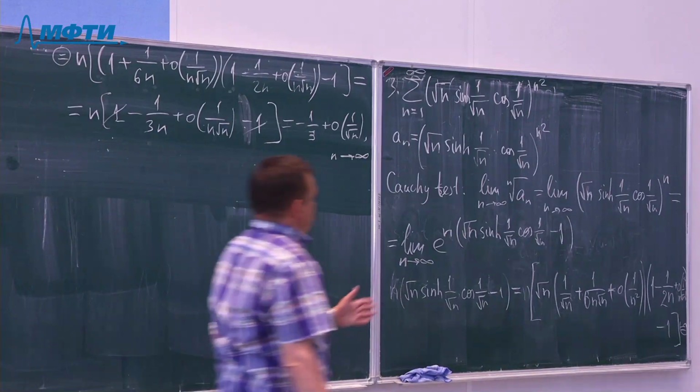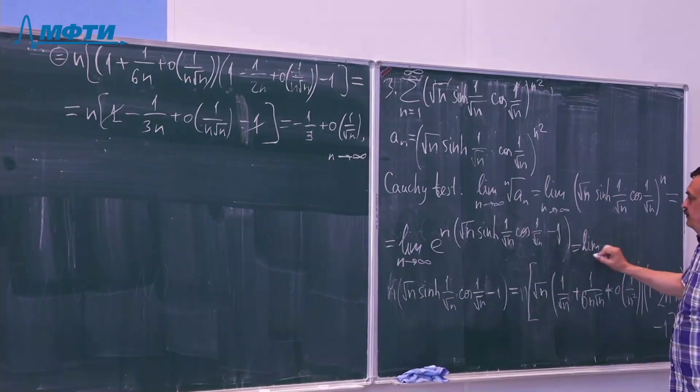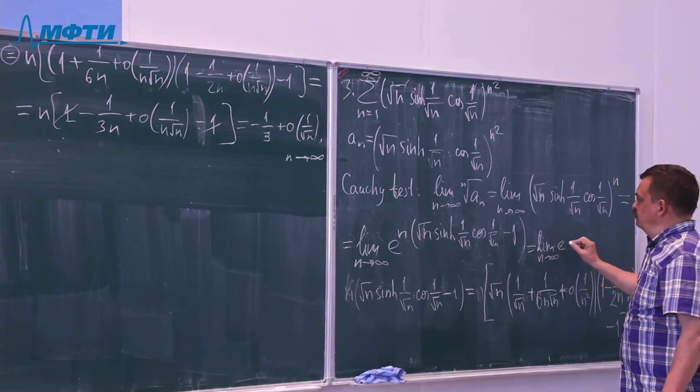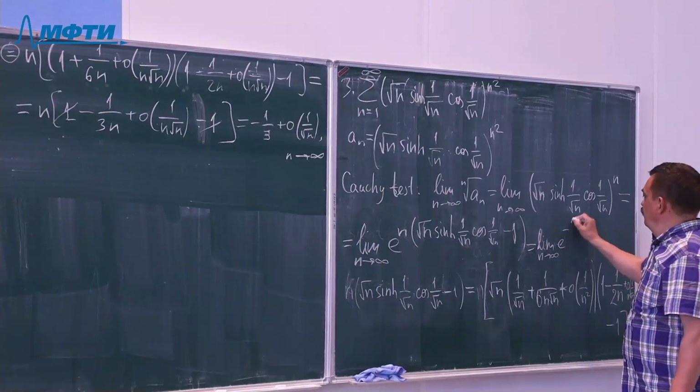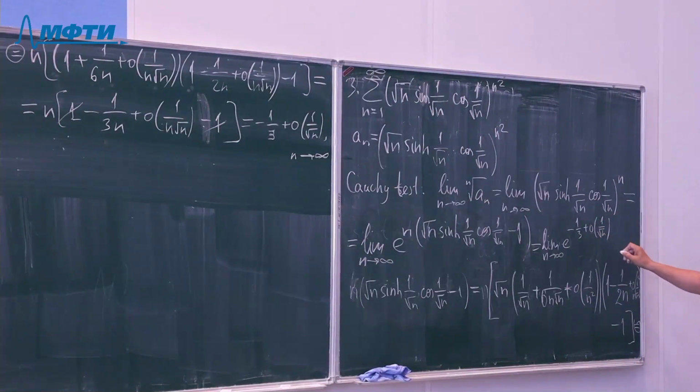So we know the exponent. Let me rewrite it. We have limit as n tends to infinity, e to the power minus 1/3 plus little o of 1 over square root of n, and it gives e to the power minus 1/3, which is less than 1. That's what's important for the Cauchy test, right?